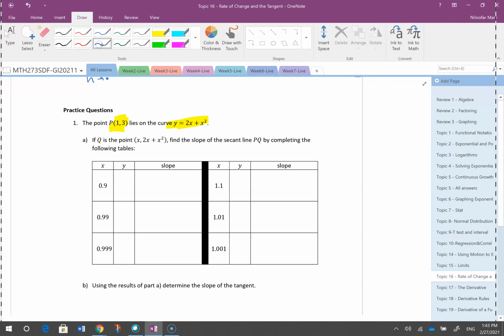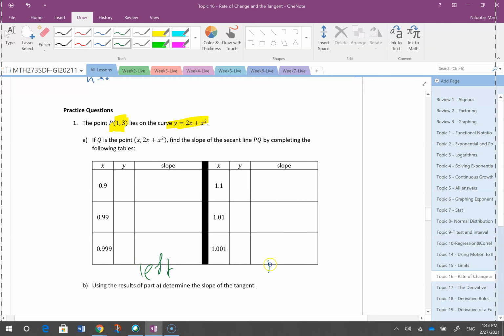Yes, look at the table. You can start from a very close point, 0.9, 0.99, 0.999, and go close to 1. Or 1.1. Here you do from the left.